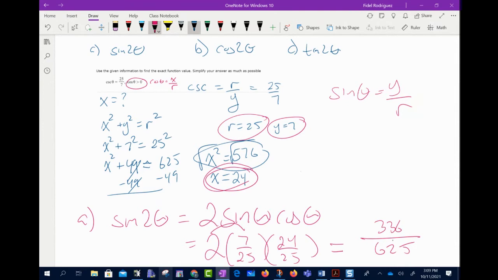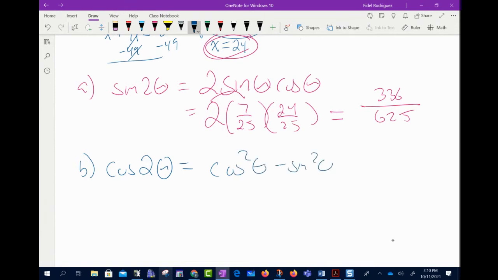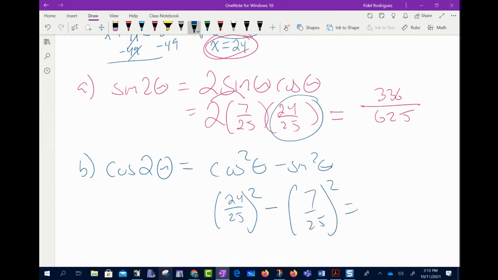Okay. Then we're going to do cosine of 2 theta. Okay, so let's do cosine of 2 theta. Now this one we had different formulas. Anybody remember one of them? Good. Cosine squared, very good, y'all. Minus sine squared. Okay, we already said cosine was 24 over 25, squared. Sine we said was 7 over 25, squared.